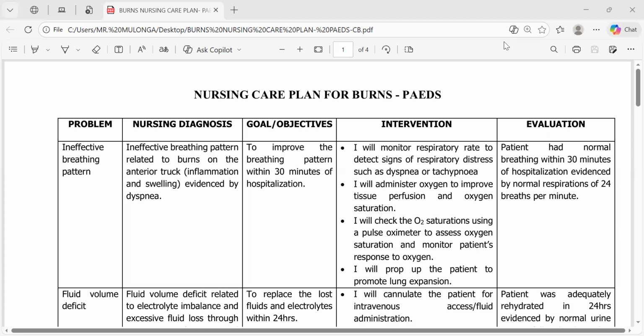The best thing we can do is put this child in a propped-up position, meaning we put pillows behind where they are sleeping so that they are elevated, and this will help lung expansion. We want to elevate the child.